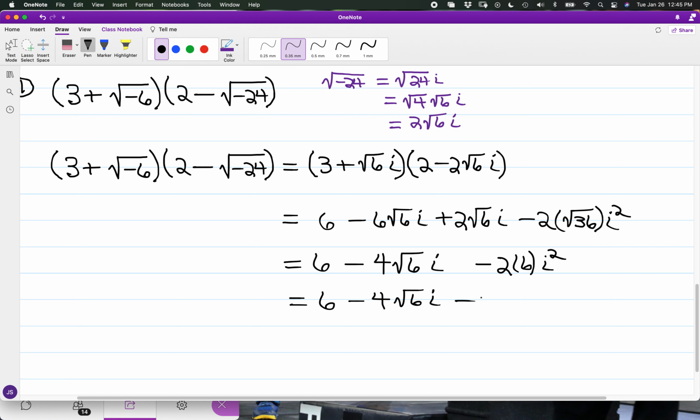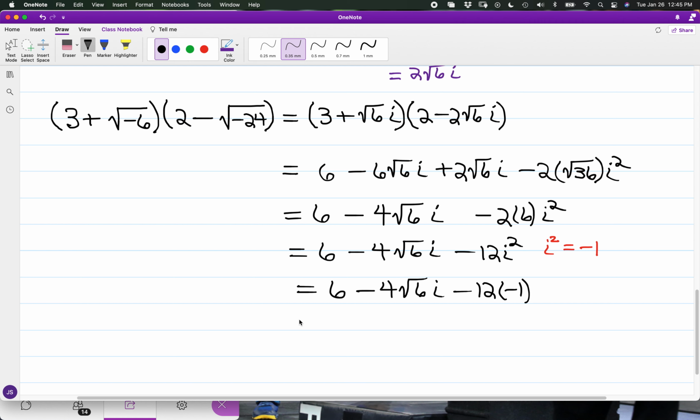-2 times 6 is -12. Once again, i squared is equal to negative 1. So negative 12 i squared will translate to plus 12.